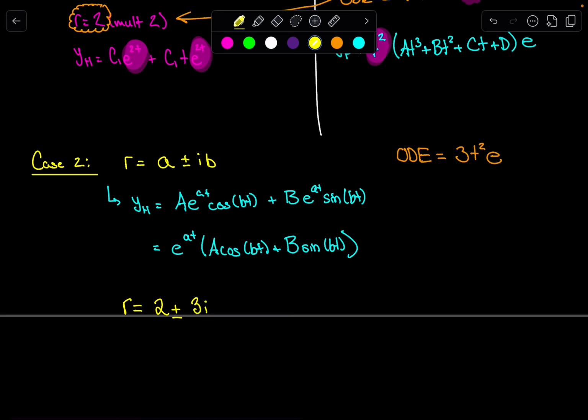And so our homogeneous solution, our y sub h, would be e raised to the 2t times A cosine of 3t plus B sine of 3t.